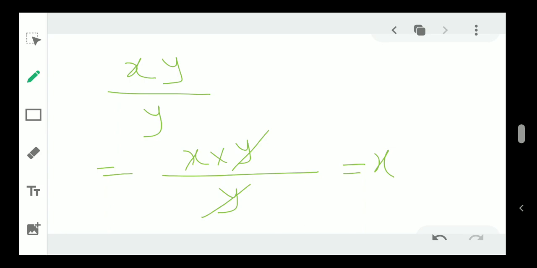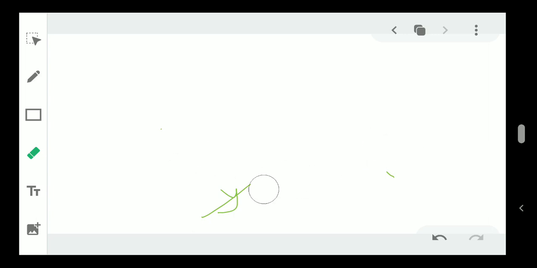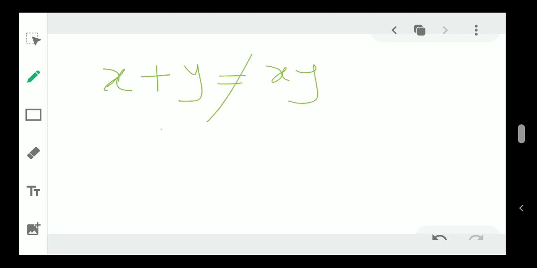Fine. Acha. Many things are there to tell, but time is limited, and I want to do it slowly. Let's say x plus y is there. You cannot write xy. No. This is like 2 plus 3.